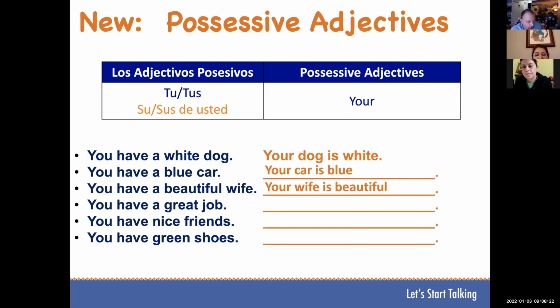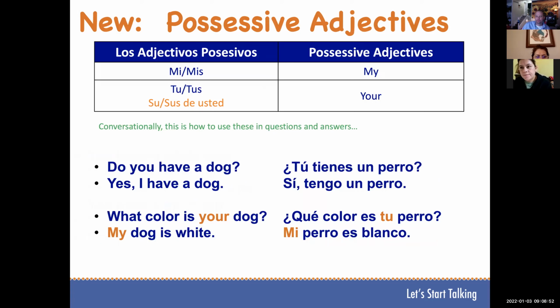Your wife is beautiful. You have a great job. Your job is great. You have nice friends. Your friends are nice. You have green shoes. Your shoes are green. Good. Ok, muy bien.